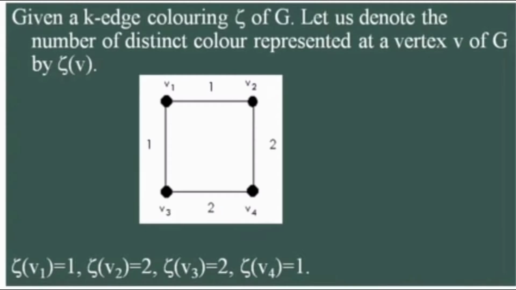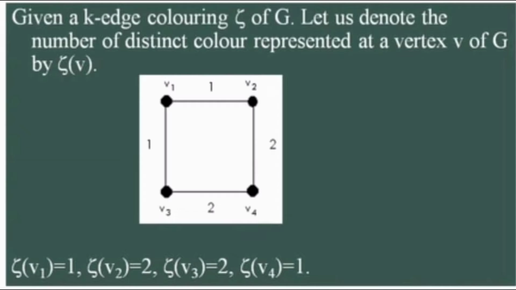Next we see the definition of k-edge coloring. Given a k-edge coloring script C of G, let us denote the number of distinct colors represented at a vertex V of G by script C of V. See the graph.